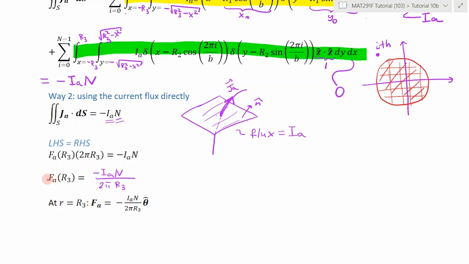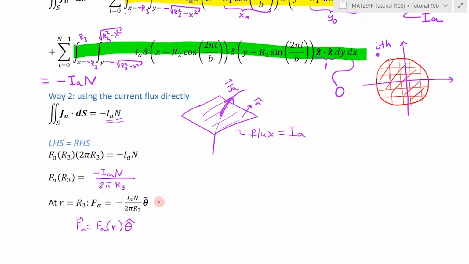This means that our F, which remember was FA, was equal to this by our assumption. So then when R equals R3, our FA equals this guy at R3, which is right here, and then I just copied it, times theta hat.